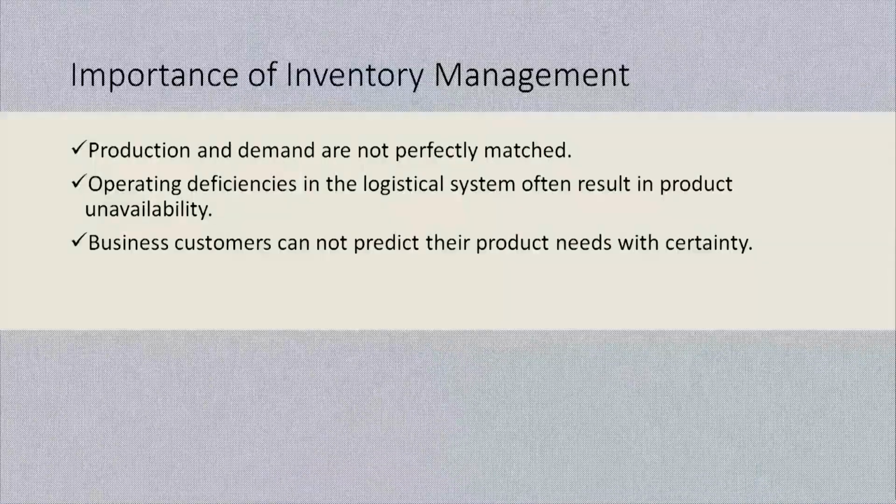All the application of software, networks and internet applications are basically for managing inventory more effectively and efficiently, because inventory build-up will be the first sign that something is not in order in the logistics system. So, that is why this is very tightly monitored.